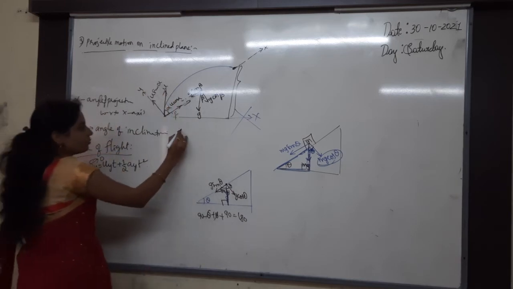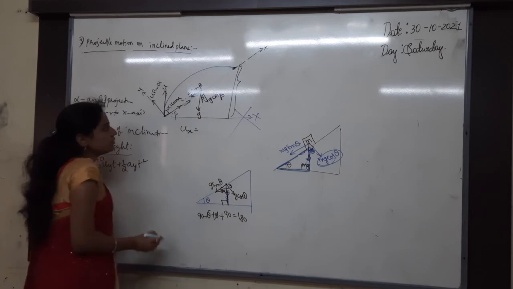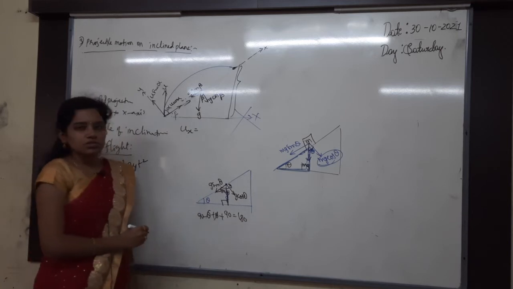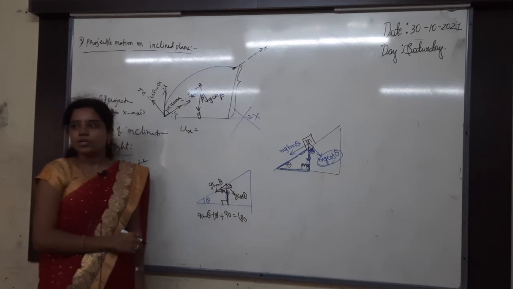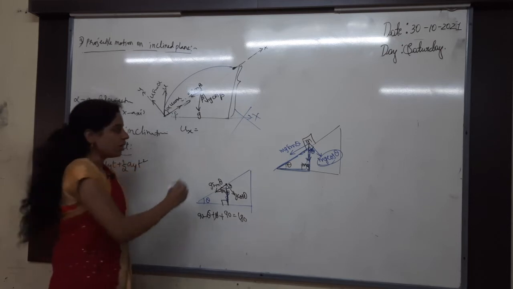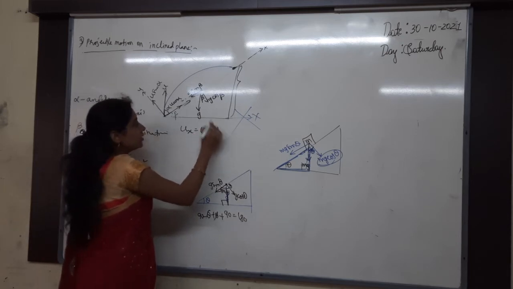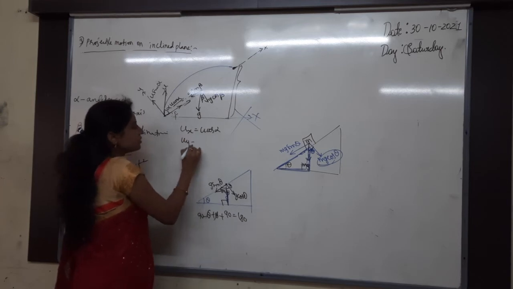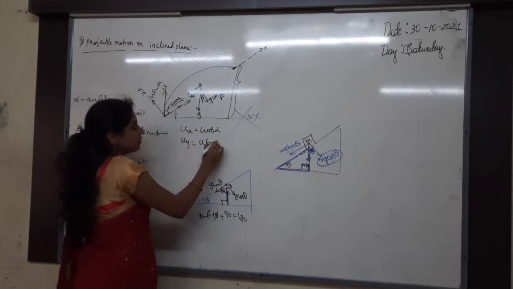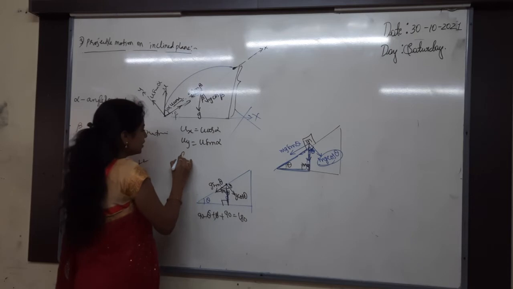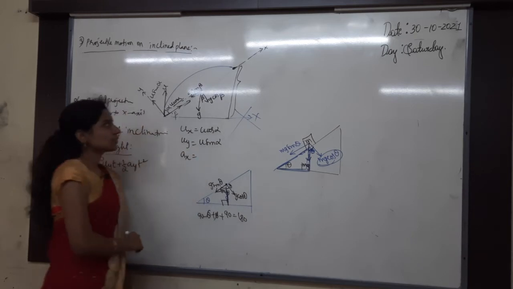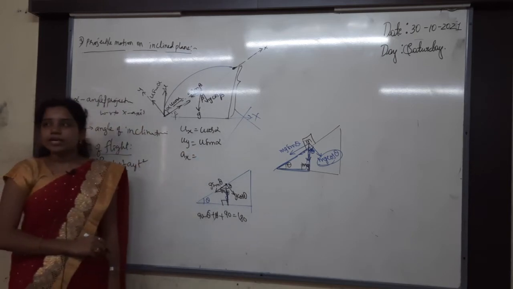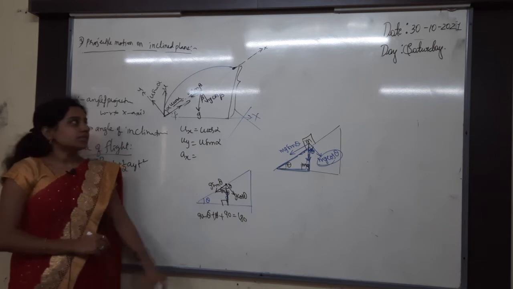Now tell me all the components. Ux is equal to what? Along the x-axis, what is the component of velocity? u cos alpha. Uy is equal to u sin alpha, and then ax is equal to what? g sin beta.